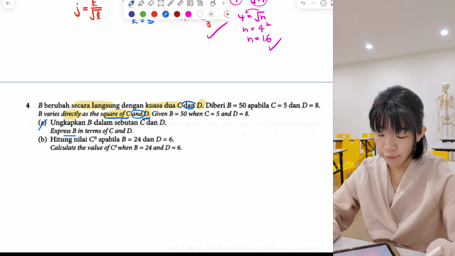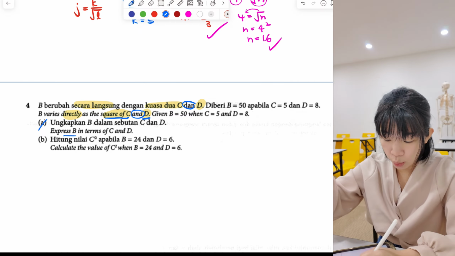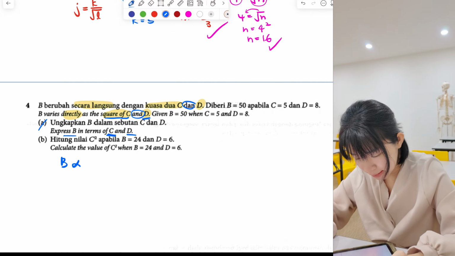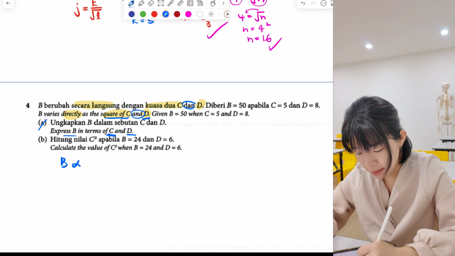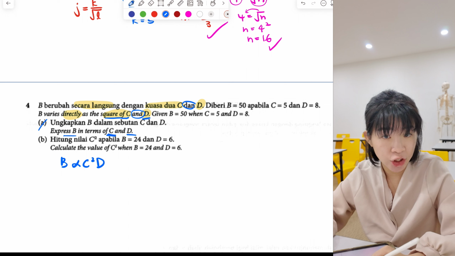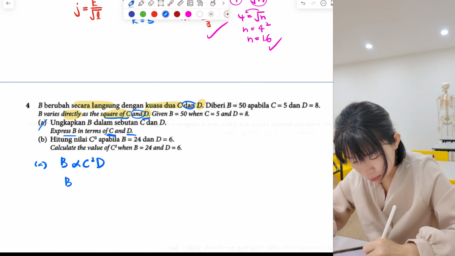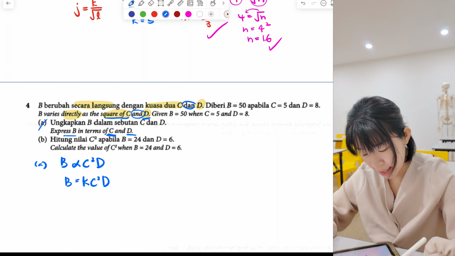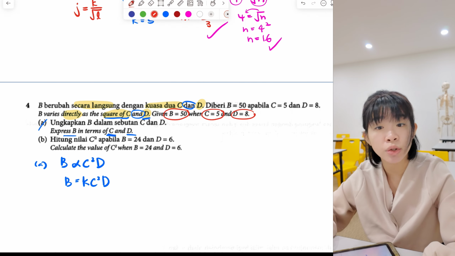So we need to form an equation. B equals to C. The answer consists of C and D. Now B varies directly, which means you can straight away write things at the back. Square of C means C square, and D, just write next to it. Their relationship is times, always. So now B equals, we need to add K, K C square D. Sub everything to find K. We have B equals 50, C equals 5, D equals 8.